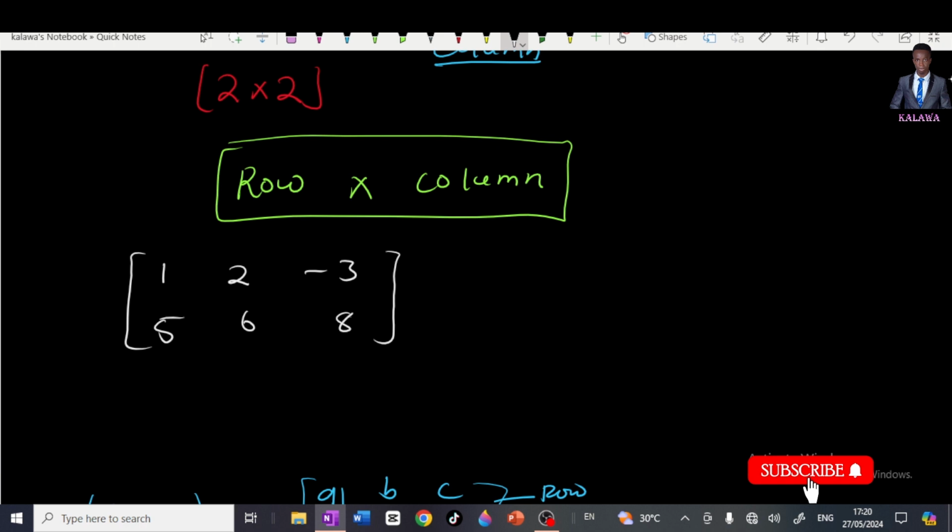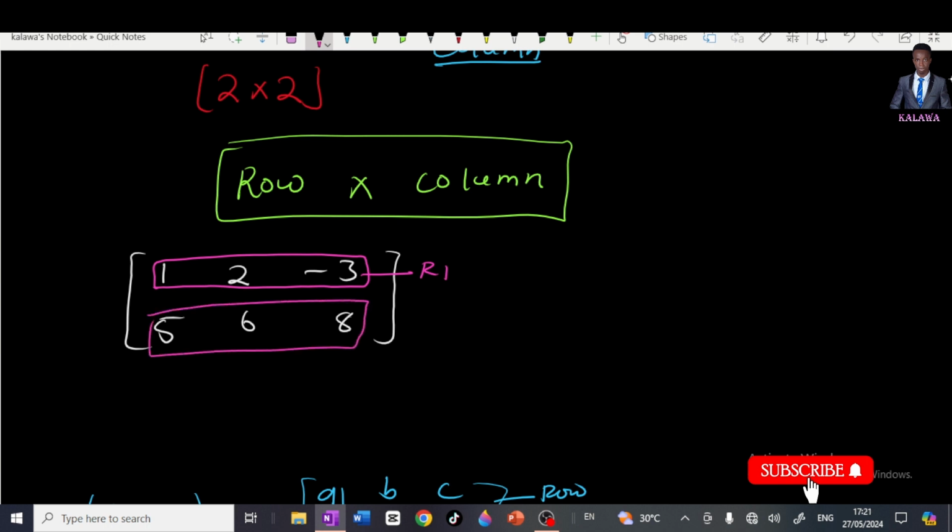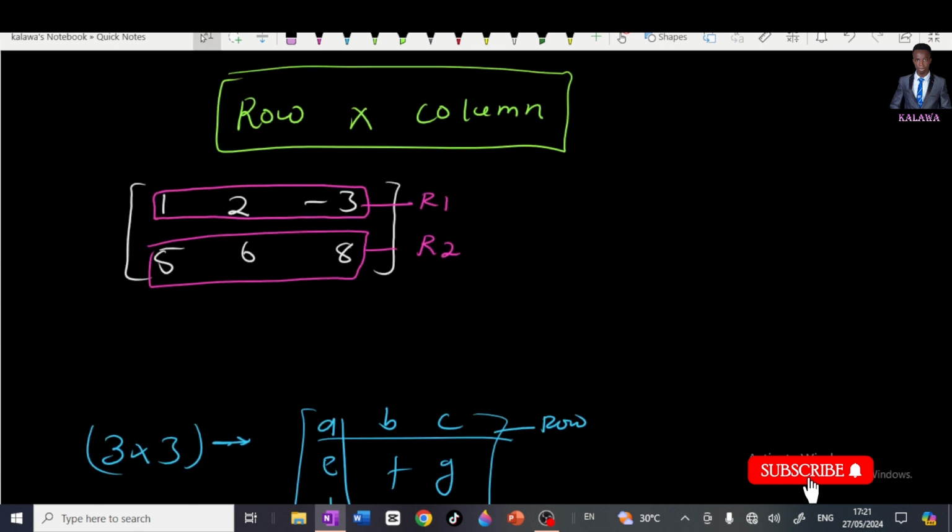It is always the row multiplied by the column. So let's identify the row here. For this first aspect, the row can be 1, 2, and minus 3. This is the first row. Let's name this one as R1. And then 5, 6, and 8, it is the second row, R2. So you can see that we only have 2 rows.